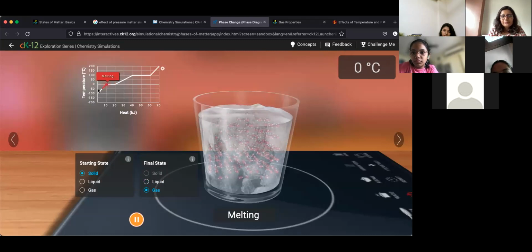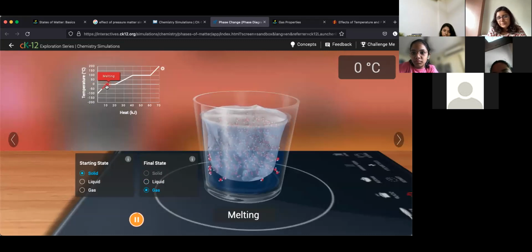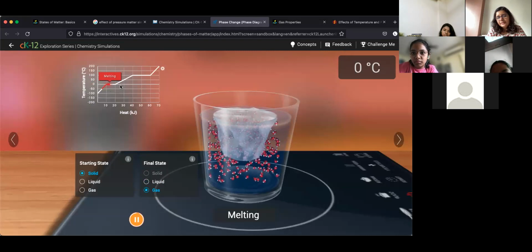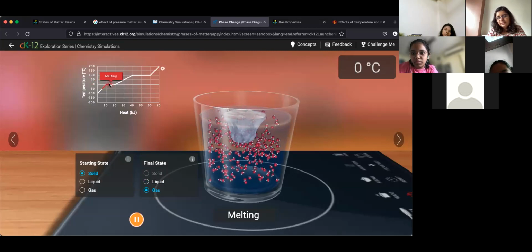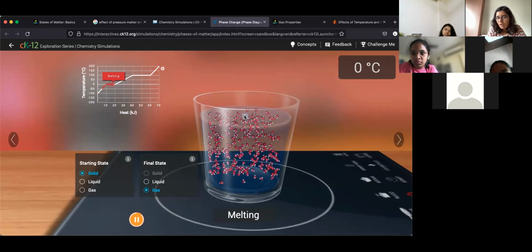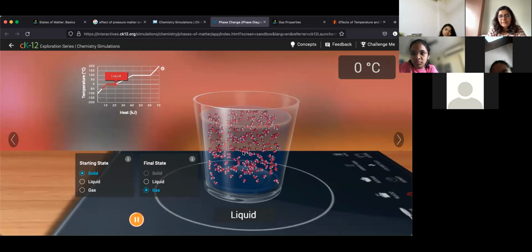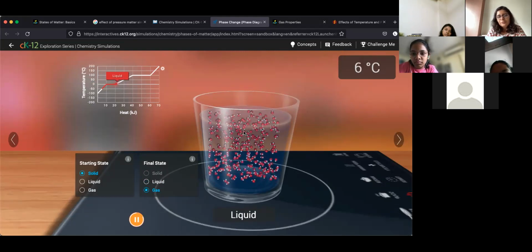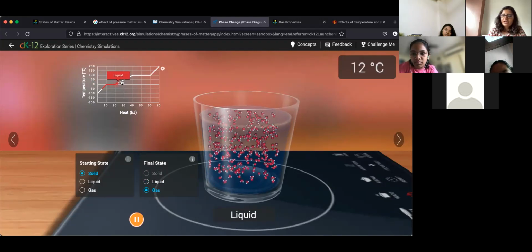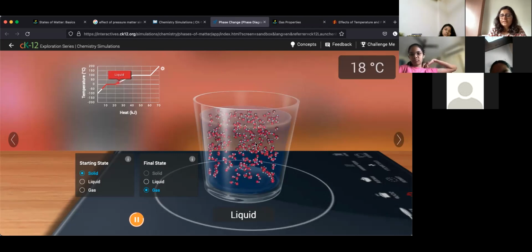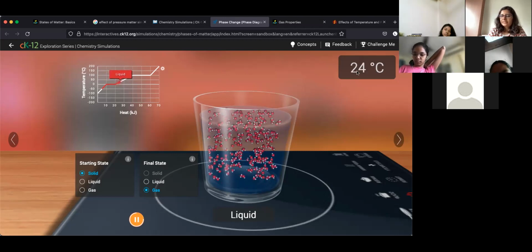So, okay, they started at minus 50. Temperature increases. As you keep heating, you can see that temperature constant hai. It is at 0 until all the ice has melted into water. Then after melting is complete, the temperature of the liquid will again start to increase.